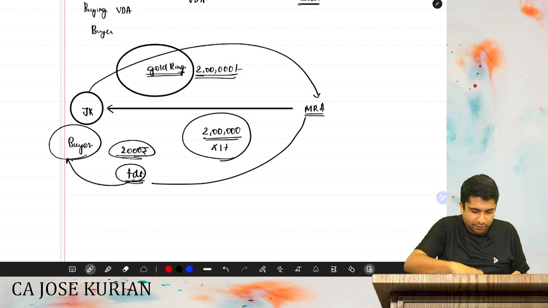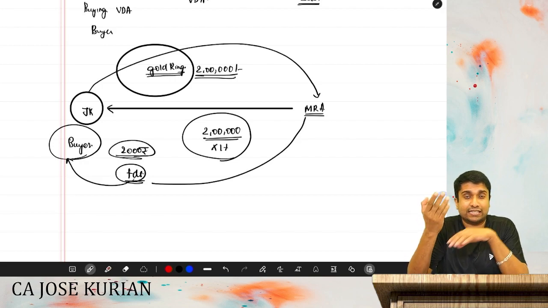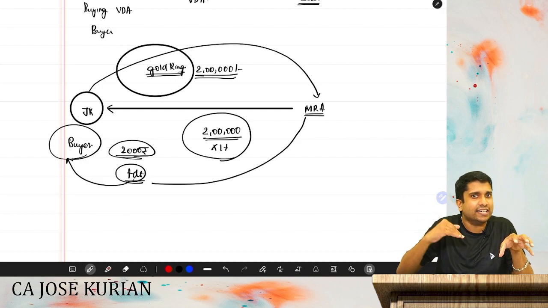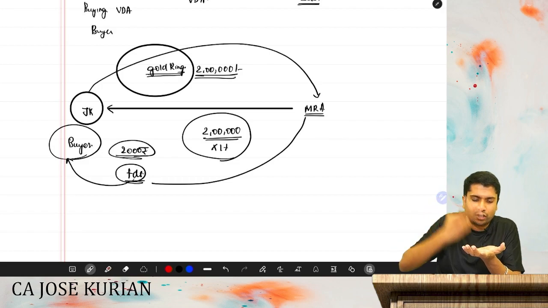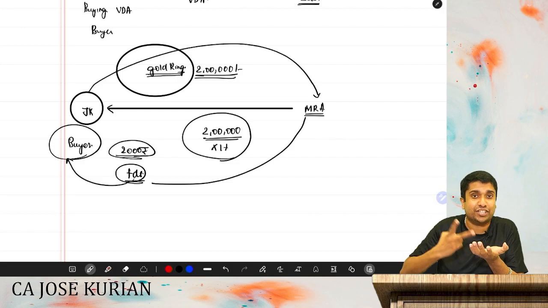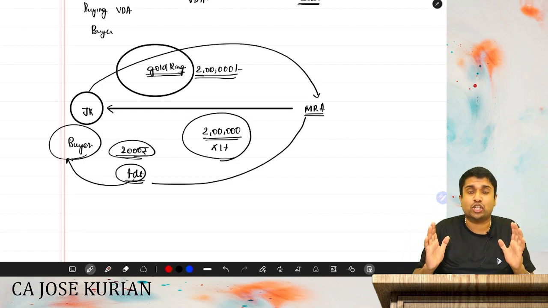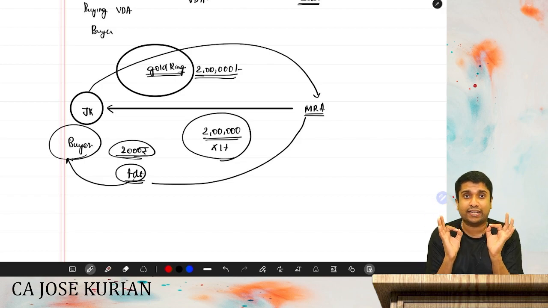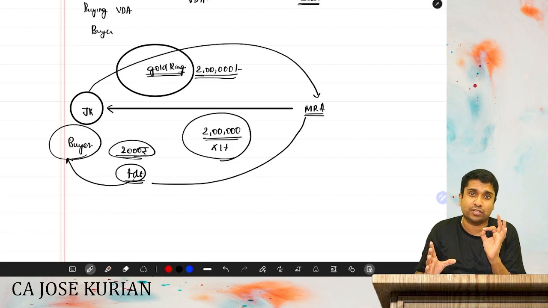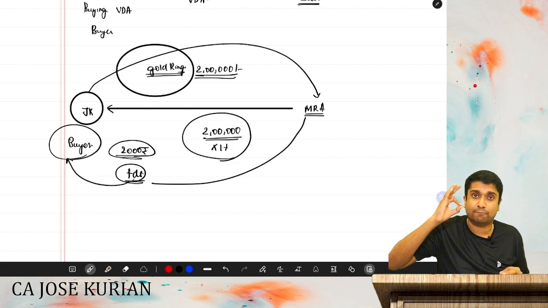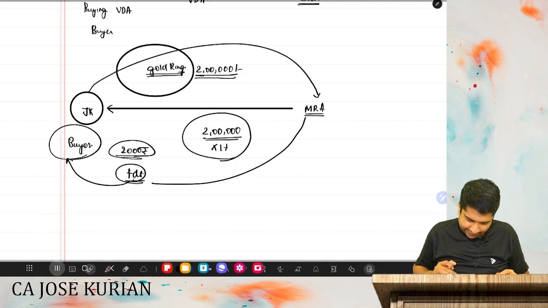So I should collect rupees 2,000 from Mr. A. So what does the income tax department say? If the consideration which you are giving is either partly in cash or fully in kind, and your cash consideration is not sufficient to deduct as TDS, then you need to make sure that you have collected the adequate amount from your seller. Only after collecting the adequate amount from your seller, you are supposed to release that particular consideration to the seller. So that's what they say.